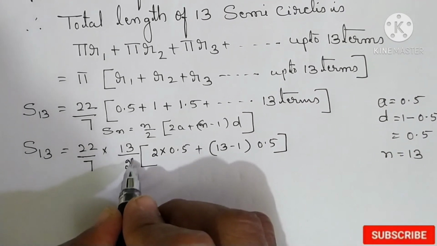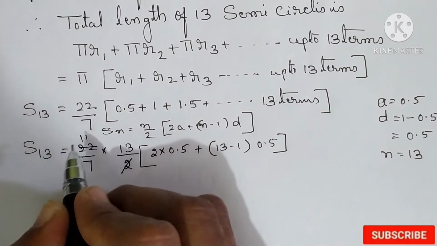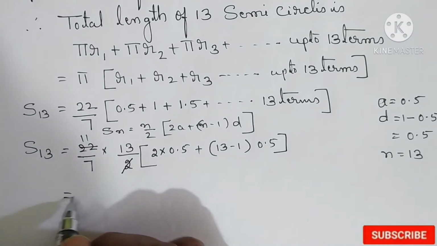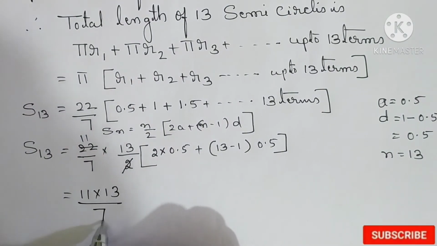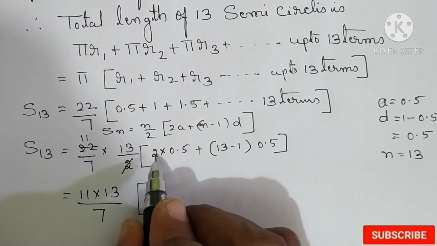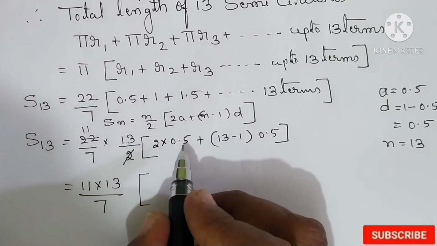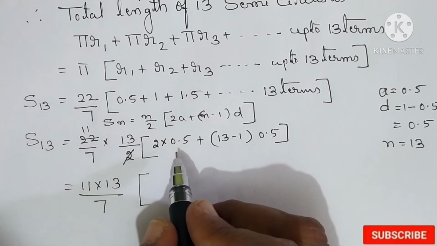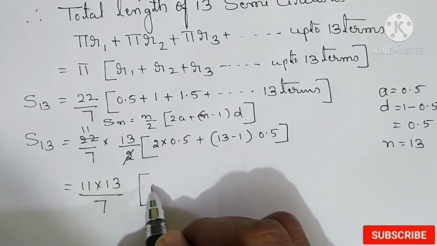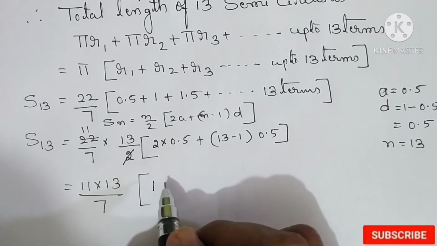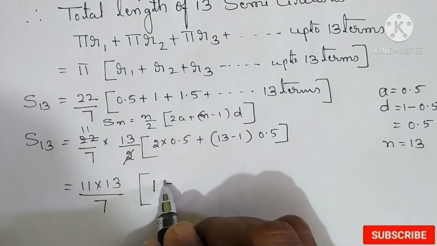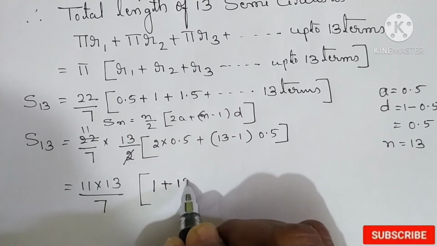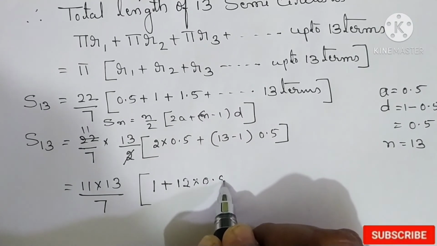Now reduce it: 2 into 11 gives 11 into 13 divided by 7. Then 2 into 0.5 is 1, plus 12 into 0.5.